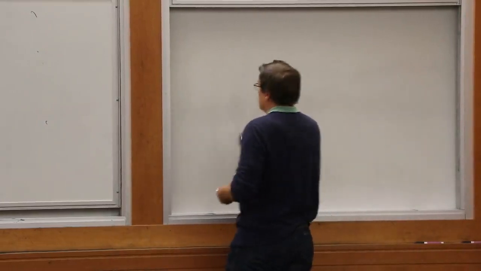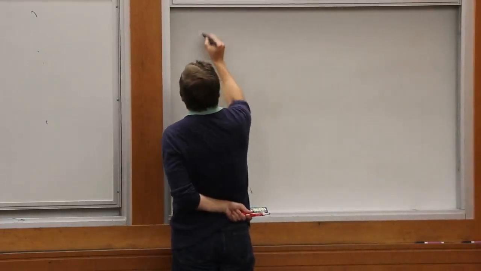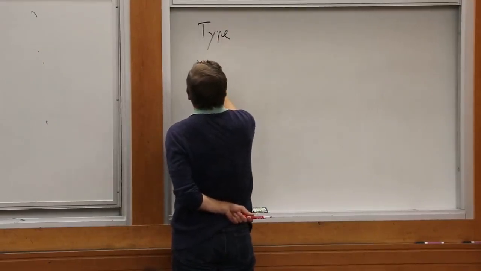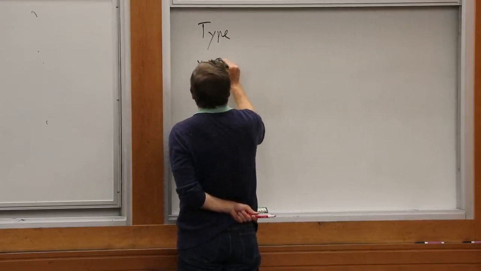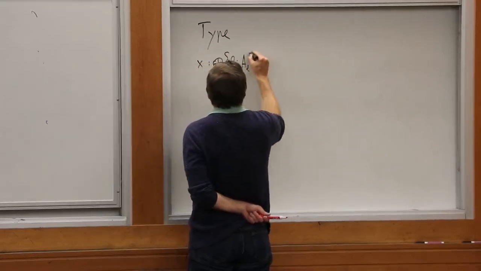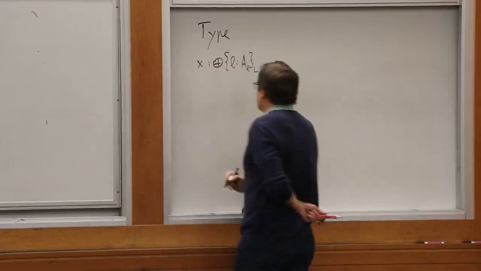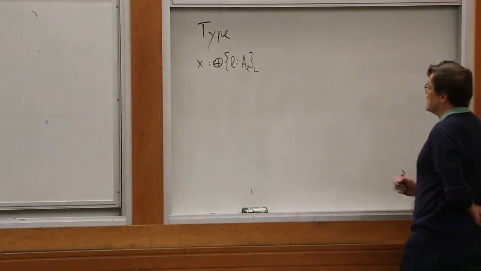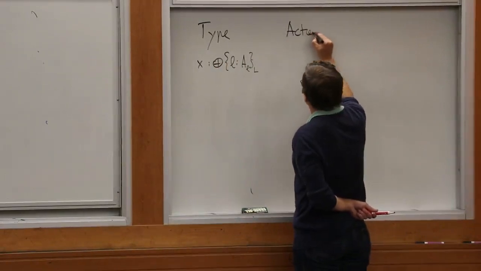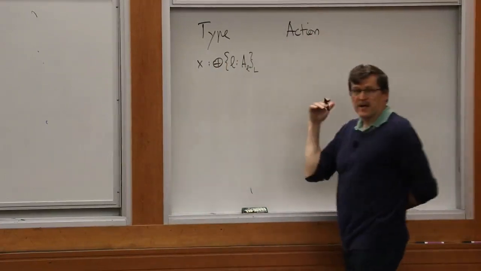So if you have a type, so this is the type. So if you have X colon internal choice between L, A sub L over some label set, then what is the action you want to take? If it's on the right, that's what we care about.